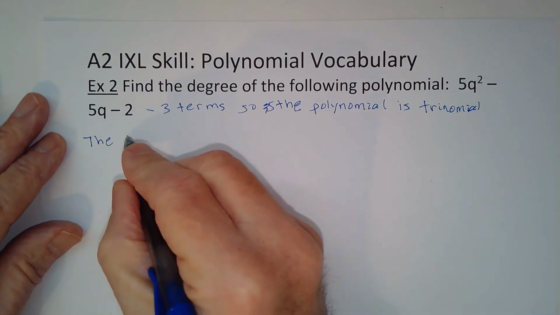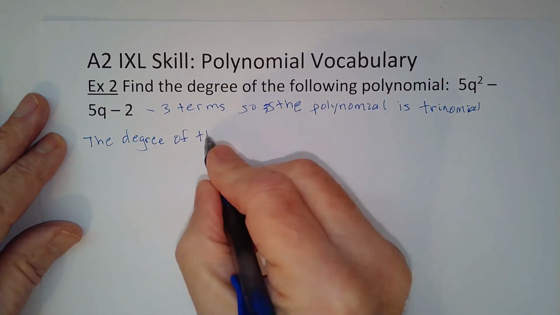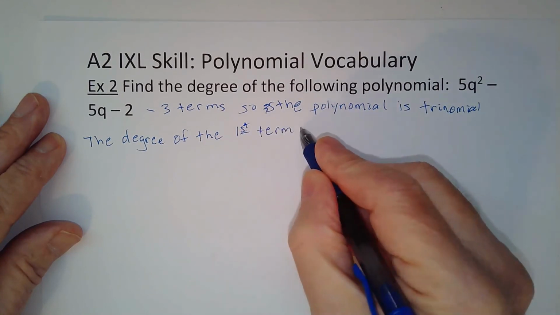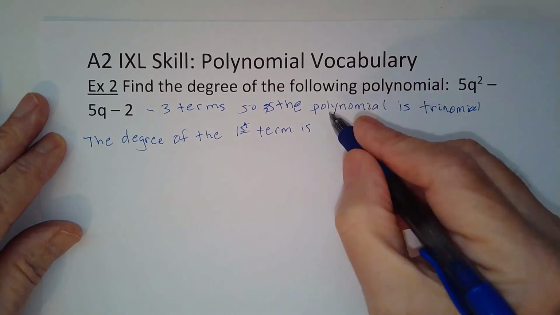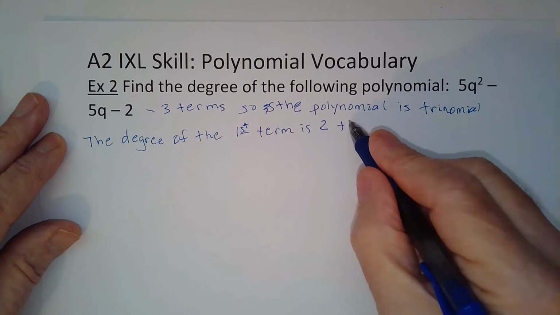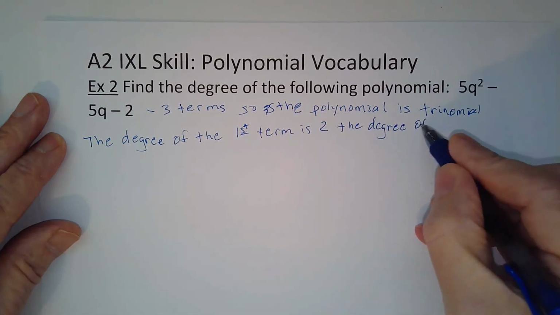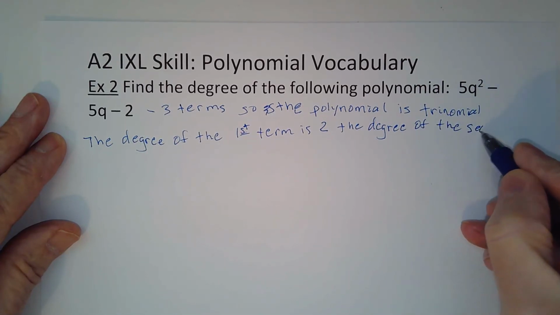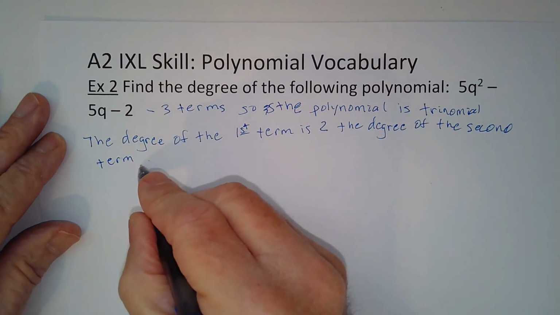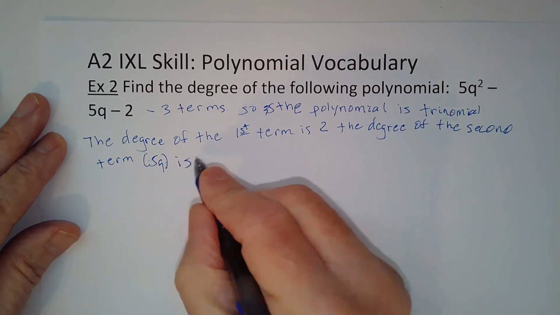The degree of the first term is 2. The degree of the second term, which is 5q, is 1.